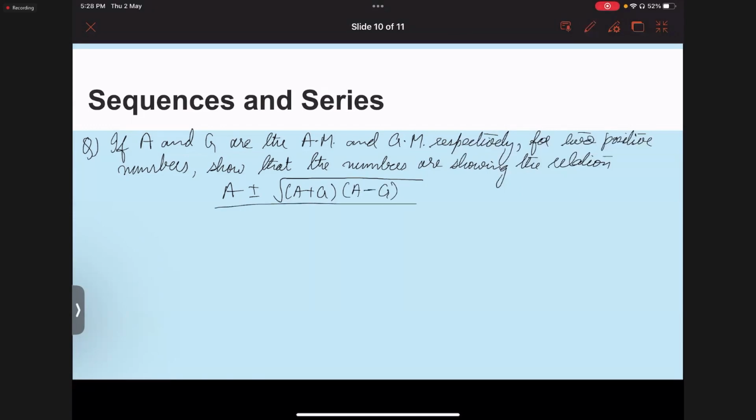So this is the relation that we need to show, where your a is your arithmetic mean and your g is the geometric mean.